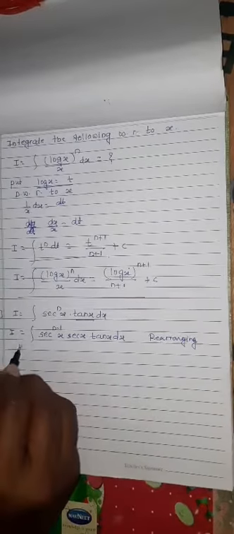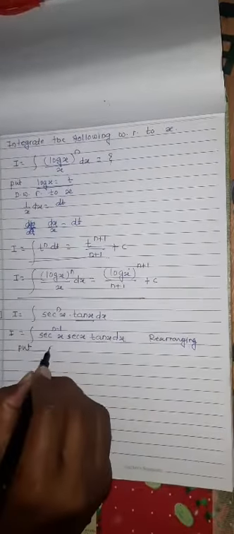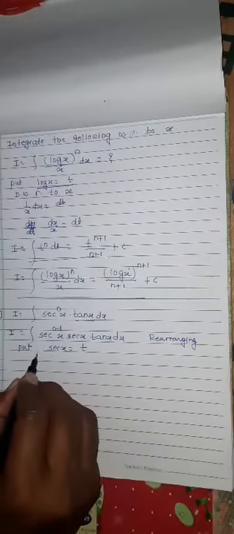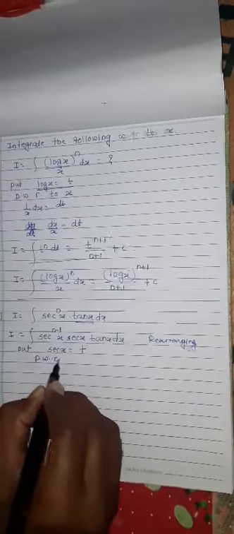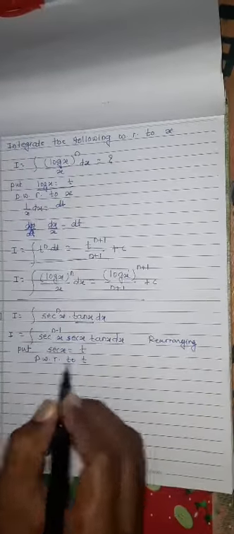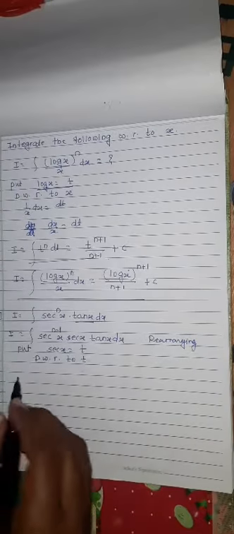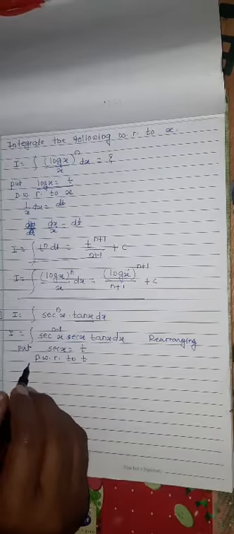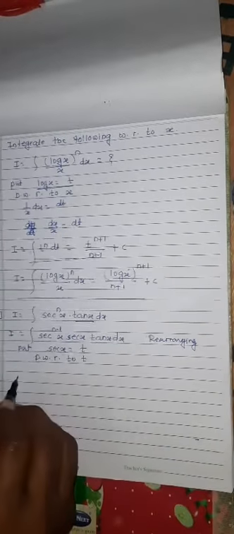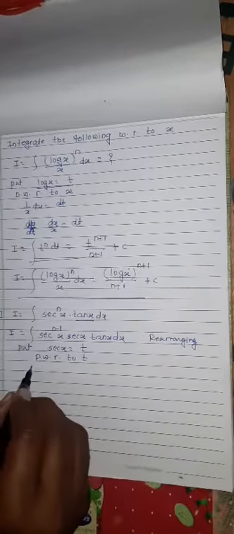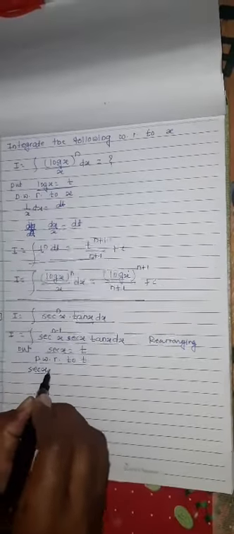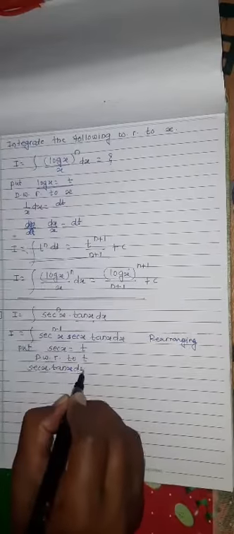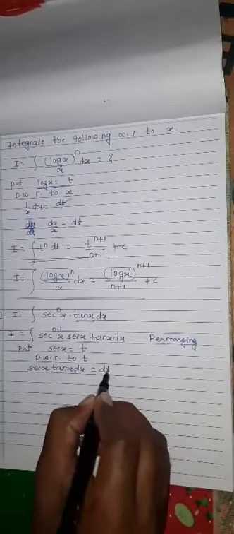Now we take the substitution. Put sec of x is equal to t, then differentiate. The derivative of sec of x is sec of x into tan of x dx is equal to dt.